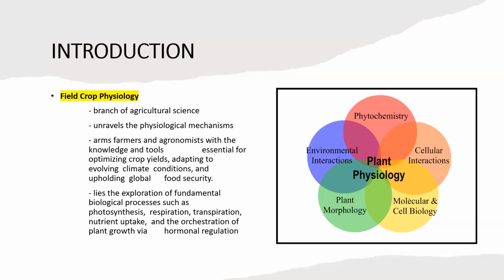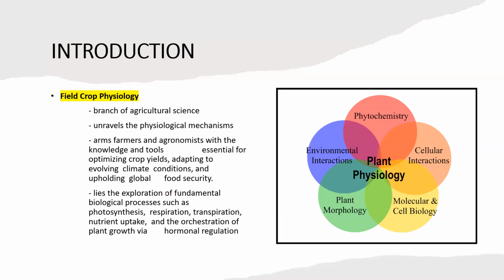So kung pangit ang morphological structure ng plants natin, it means there is imbalance doon sa cellular and biochemistry aspect inside the plants. Okay? Or it may be affected by the environmental interactions.